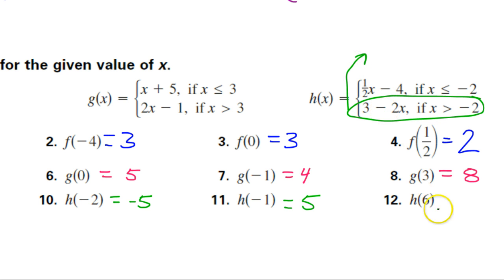If I substitute this in for x, that's 3 minus 2 times 6. That's 3 minus 12. That is -9. And that is how you evaluate piecewise functions.